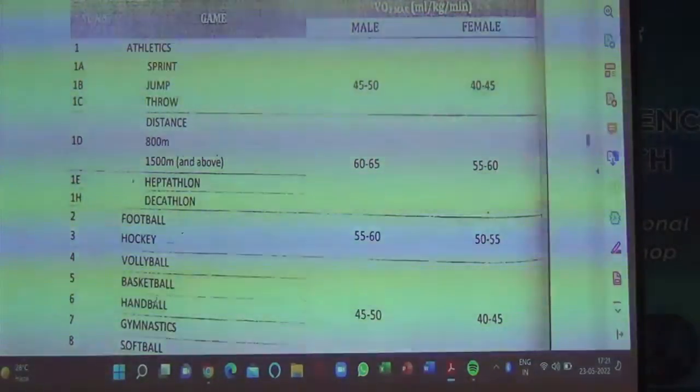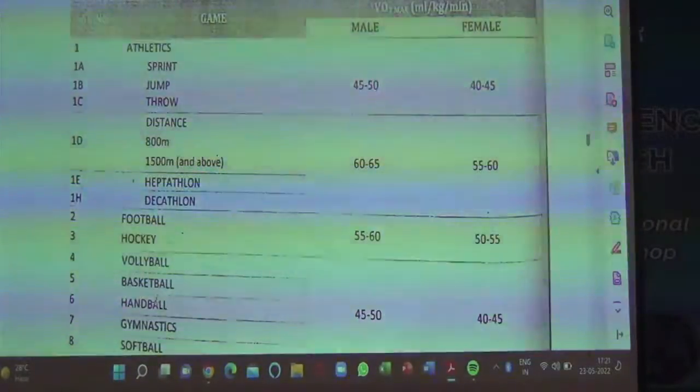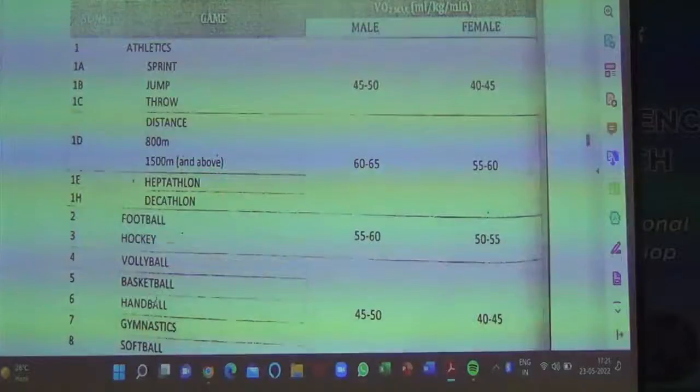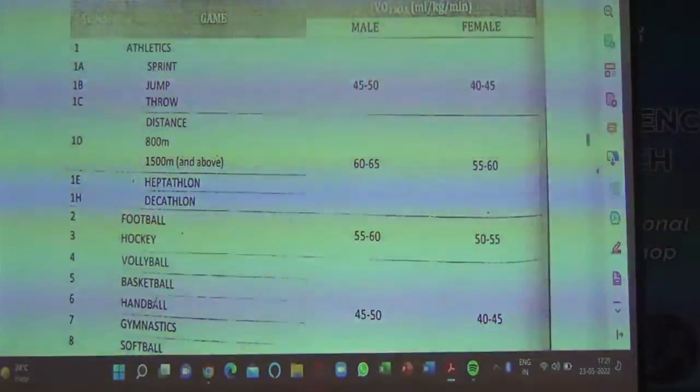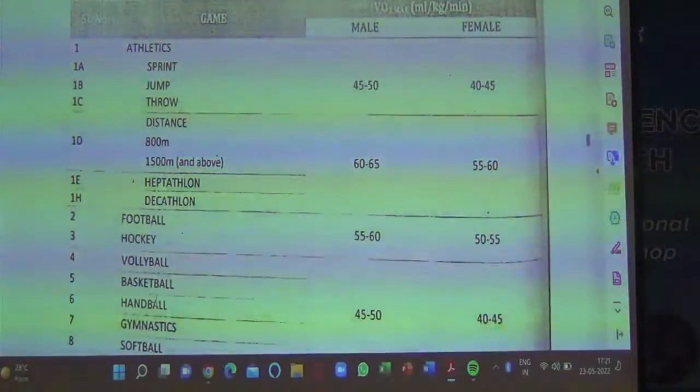You can suggest to coaches intermittent training, HIIT, or train low to enhance his VO2 max. Like this, you have to calculate and communicate your recommendations and suggestions based on this. Is it clear?